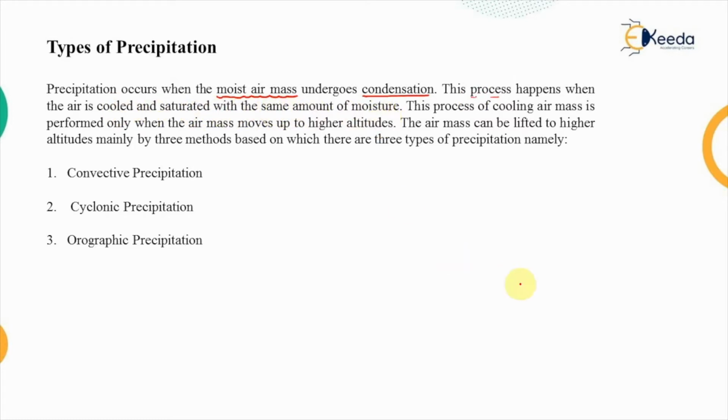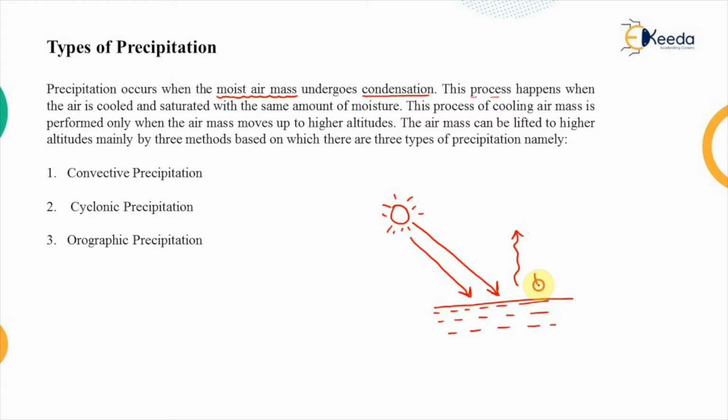Now what happens? Let's say this is a water surface, and this is the sun. The water surface is exposed continuously to the sunlight. Because of this continuous exposure, the temperature of the water body increases up to a certain degree, and because of that there will be evaporation.